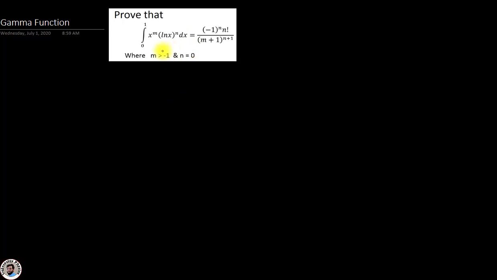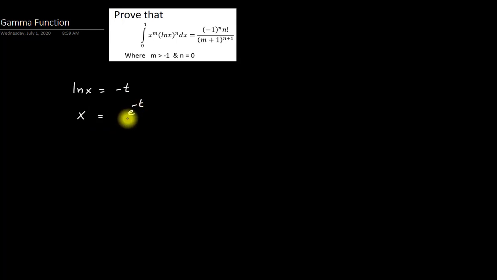In order to prove this relation, we have to find out the values of x and dx. Let's suppose natural log of x is equal to minus t. The value of x will be equal to e to the power minus t.